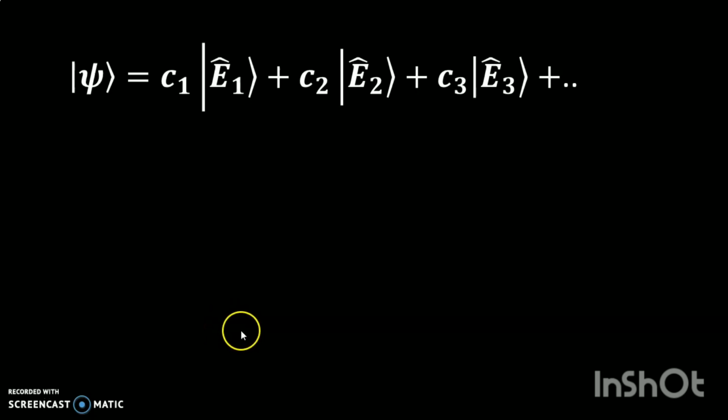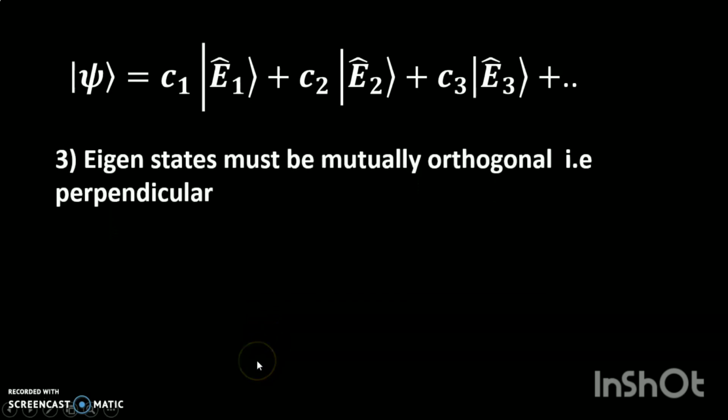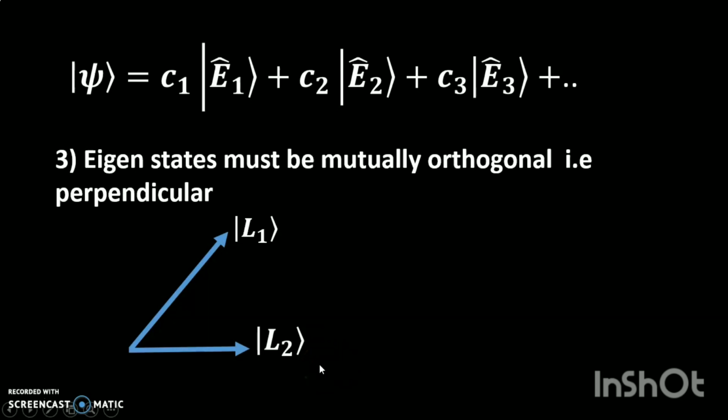Lastly, we can actually conclude that eigenstates must be orthogonal, that is, perpendicular. We can use the arrows analogy to see why this is true. Here we have non-orthogonal states L1 and L2.